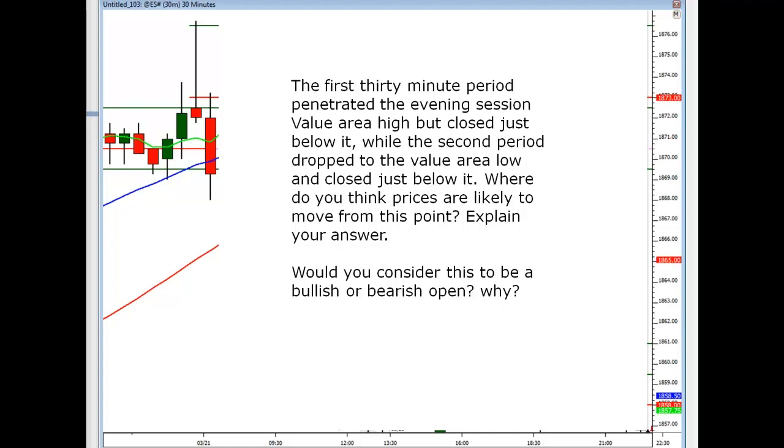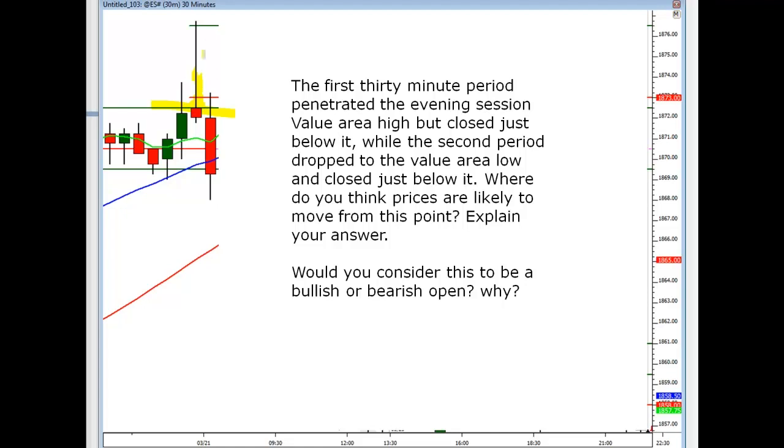We're still looking at the open, but looking at it in a number of different ways. In this case, we have the first 30-minute period that took place, which is this one right here, and it penetrated the value area high for the evening session. If you see, it went right through it, went higher, and closed just below it.